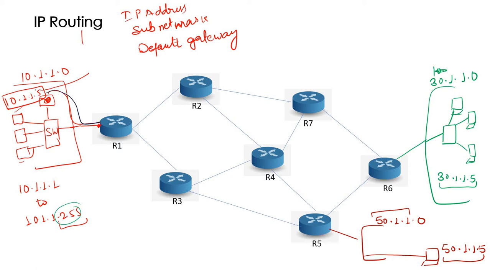The computer decides that this packet belongs to a different network, it sends it to the default gateway. So now the packet has arrived on this default gateway.